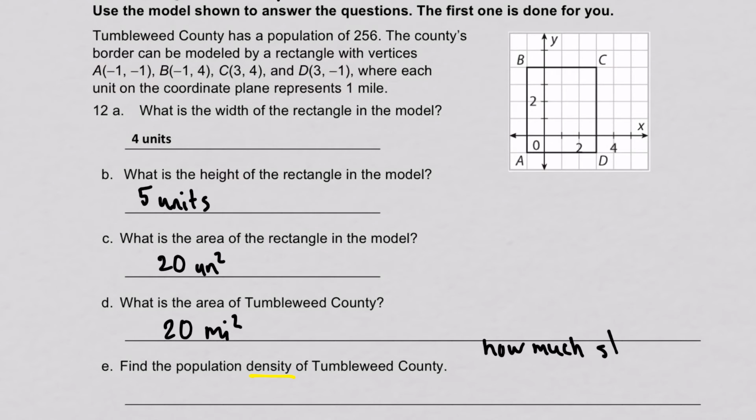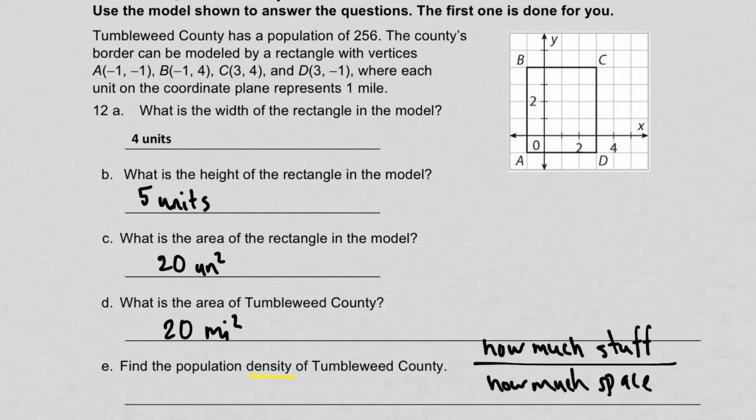How much stuff divided by how much space. Right, so in this case, the area of the Tumbleweed County. Right? Or in case of chemical density, how much stuff means mass. What's the mass of the element? And then how much space means what's the volume of where that element is.